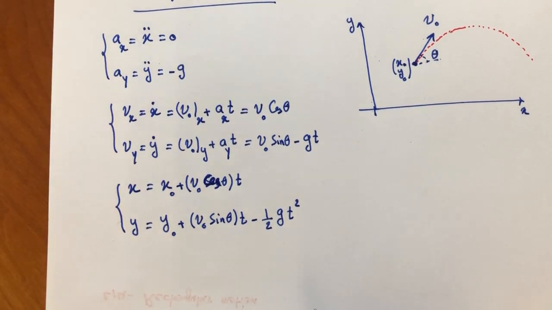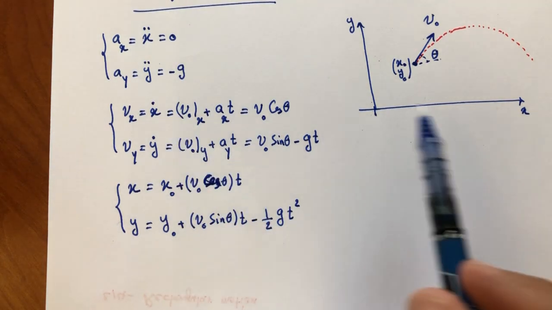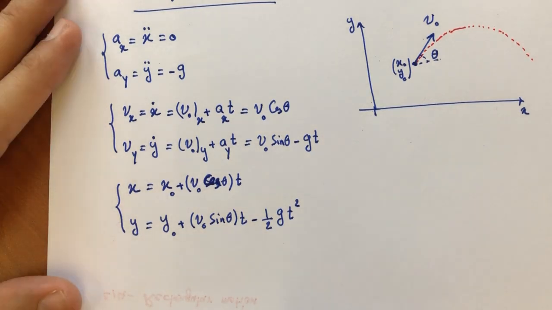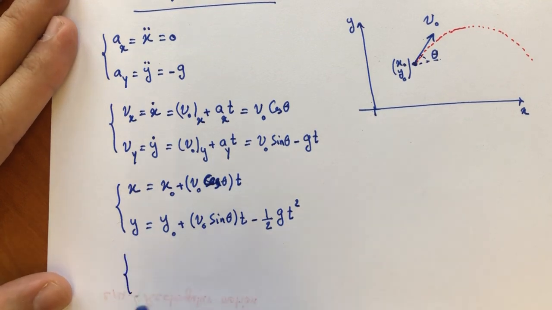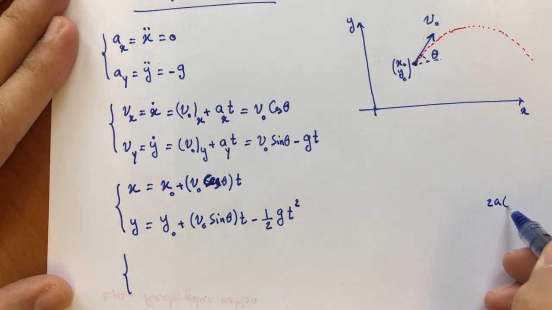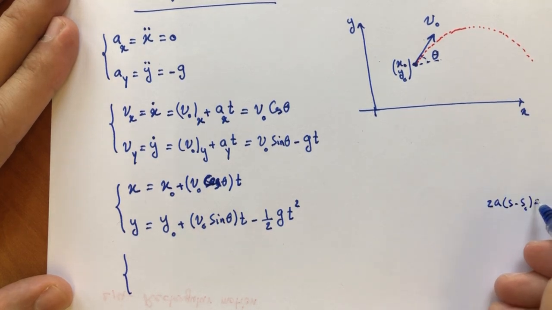And we also had the time-independent equation too, right? Because the acceleration again is constant in both directions, we can use that equation independently for the x direction and also for the y direction. The general equation is 2 times acceleration times displacement equals velocity squared minus initial velocity squared.